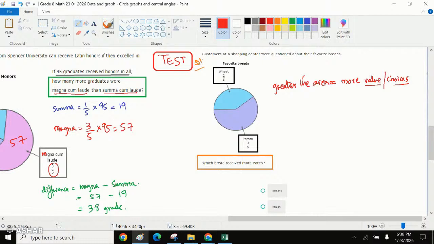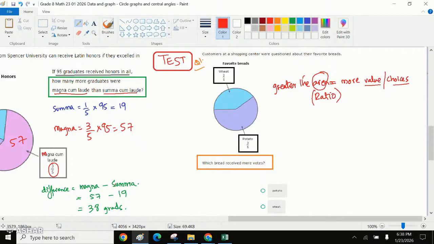So what should be the answer? Which bread receives more votes, potato or wheat? Which has greater area? Or we can say area or ratio as well. Greater the ratio, the more it is, right?